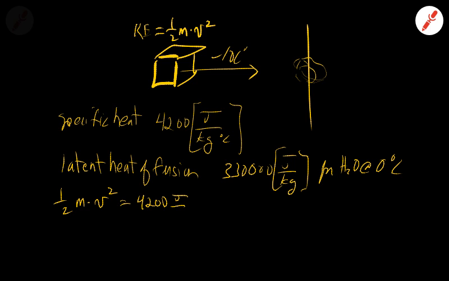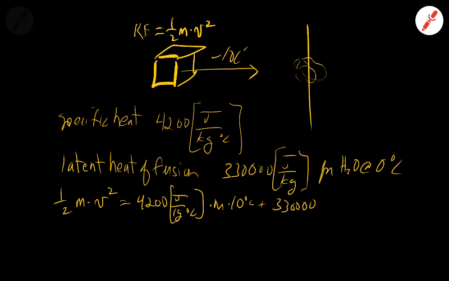So then we have 4,200 joules for every kilogram degrees Celsius, times the mass in kilograms times 10 degrees Celsius, and notice the units will work out to be joules. And then we have to add that energy of melting it at that temperature.